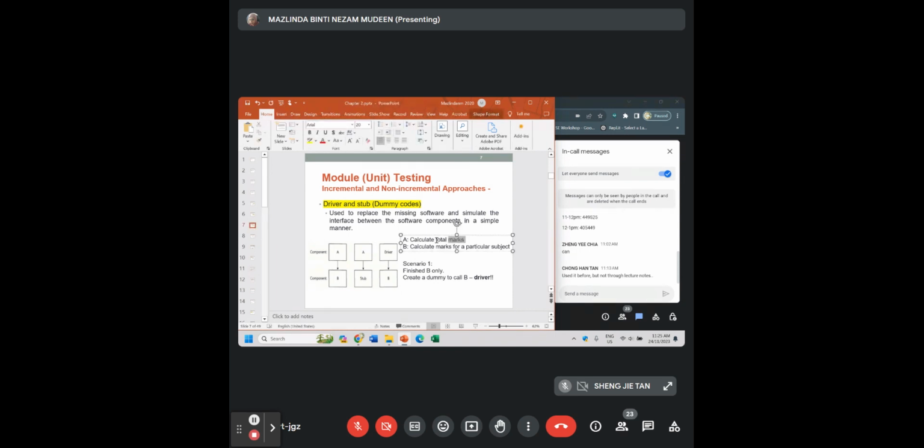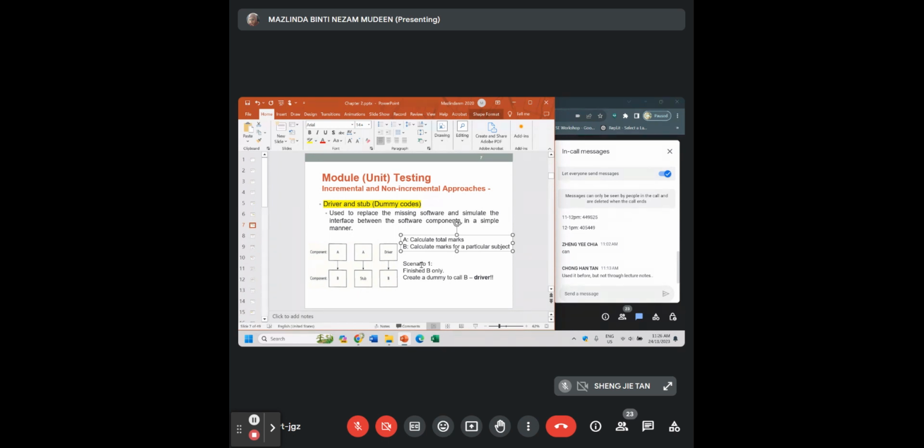Calculating total marks is at a higher level than calculating marks for a particular individual subject. So B is lower level, A is higher level.